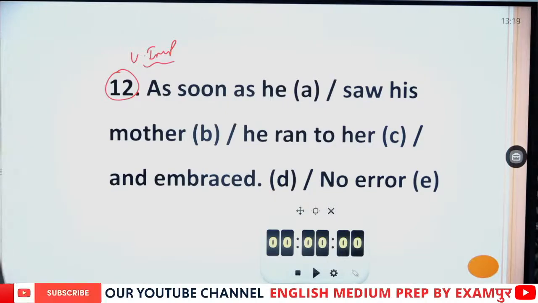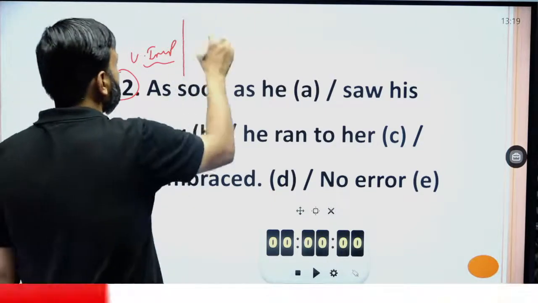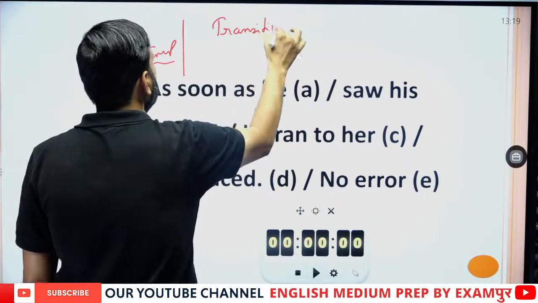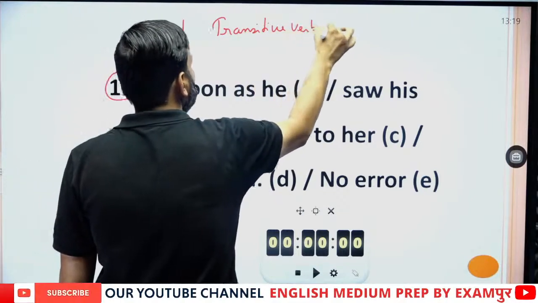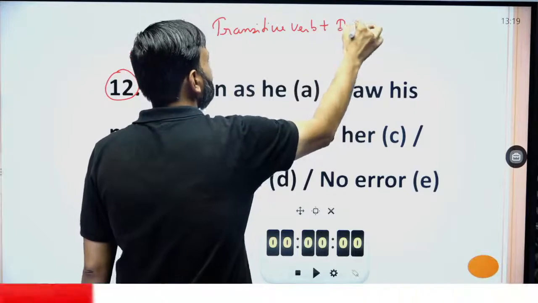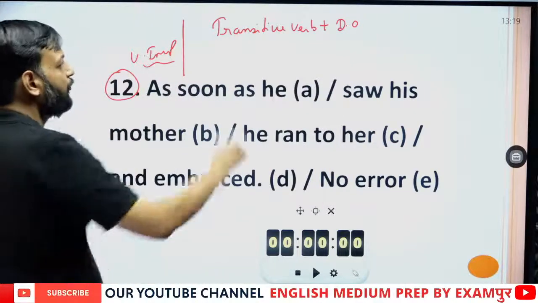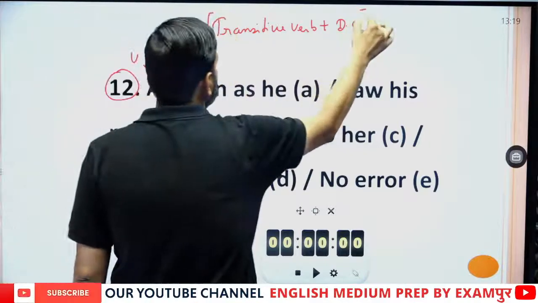See, yesterday I told you that transitive verbs are always followed by a direct object.